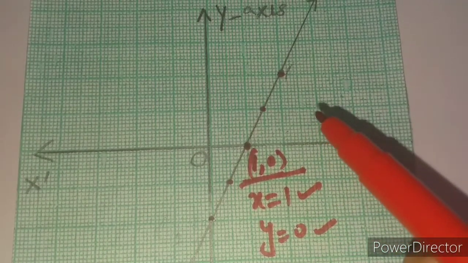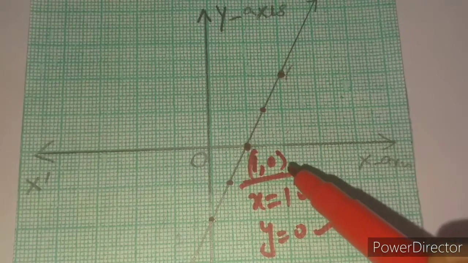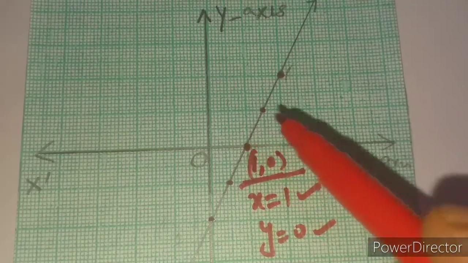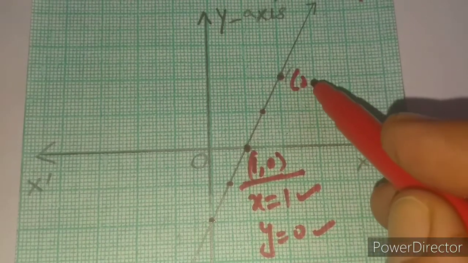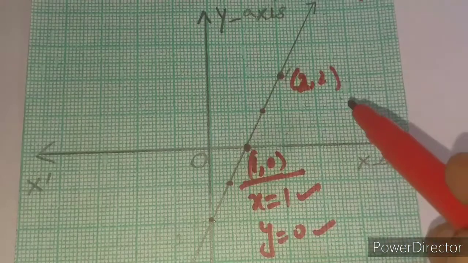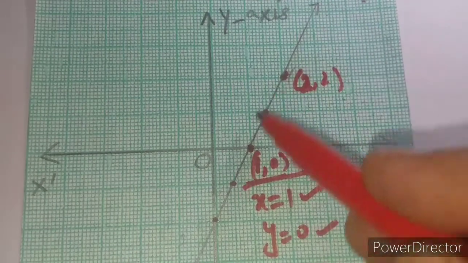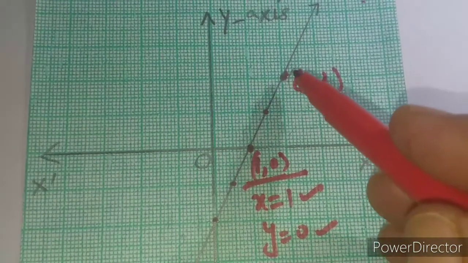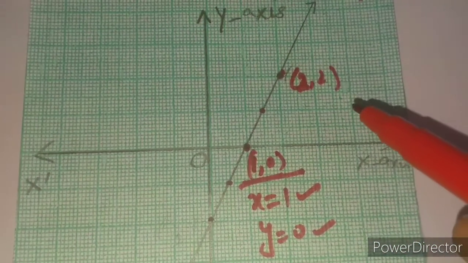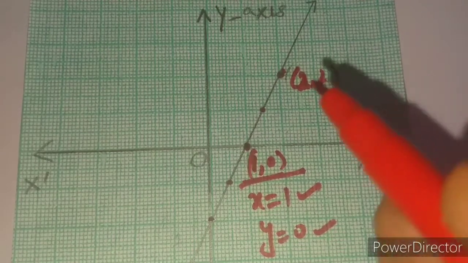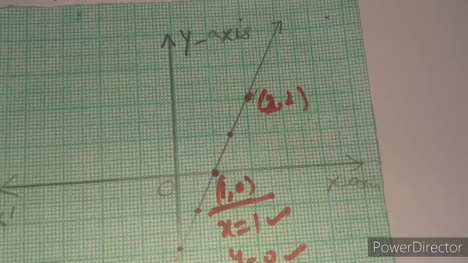So there are two things: any point which satisfies the equation of a line lies on this line, and let us say it in a different way also, any point through which this line passes will always satisfy the equation of the line. Both ways the things will be satisfied. And what is the meaning of satisfying the equation of a line? That the LHS will be equal to RHS. Now I will explain this.